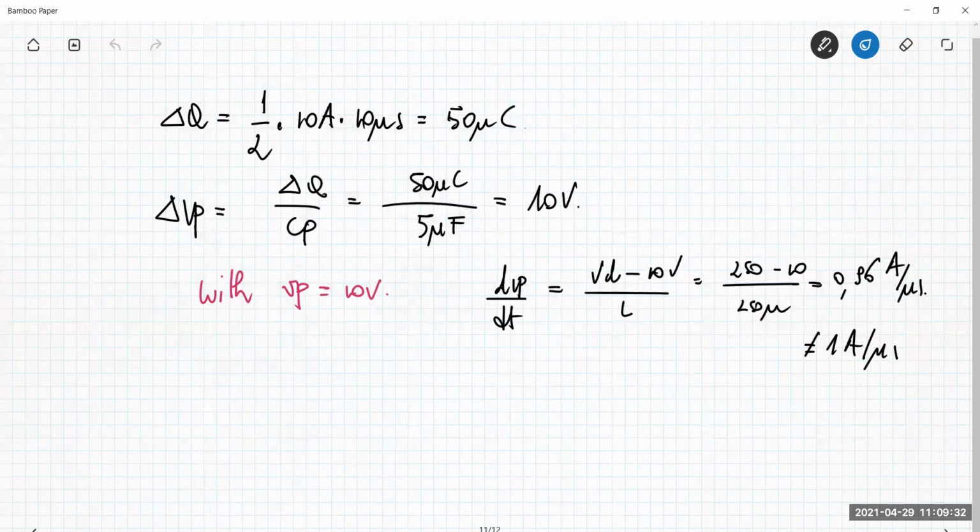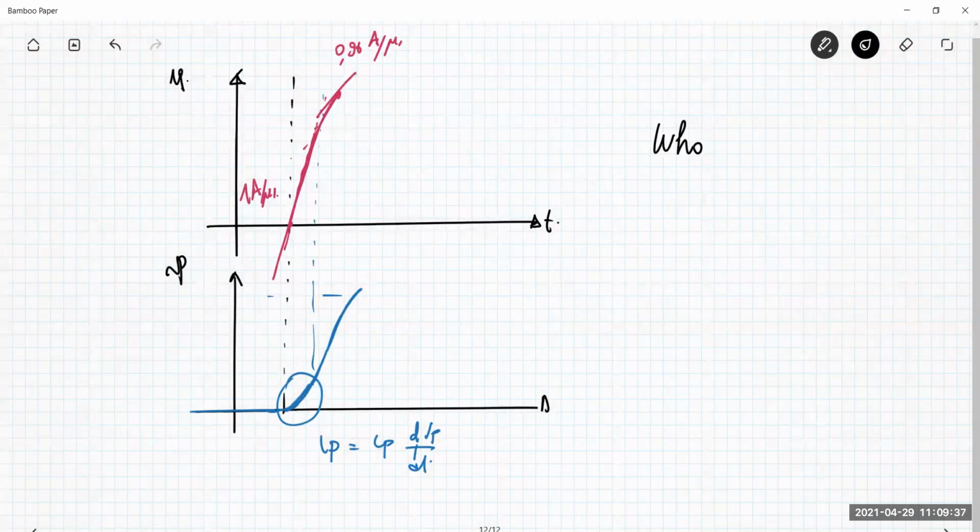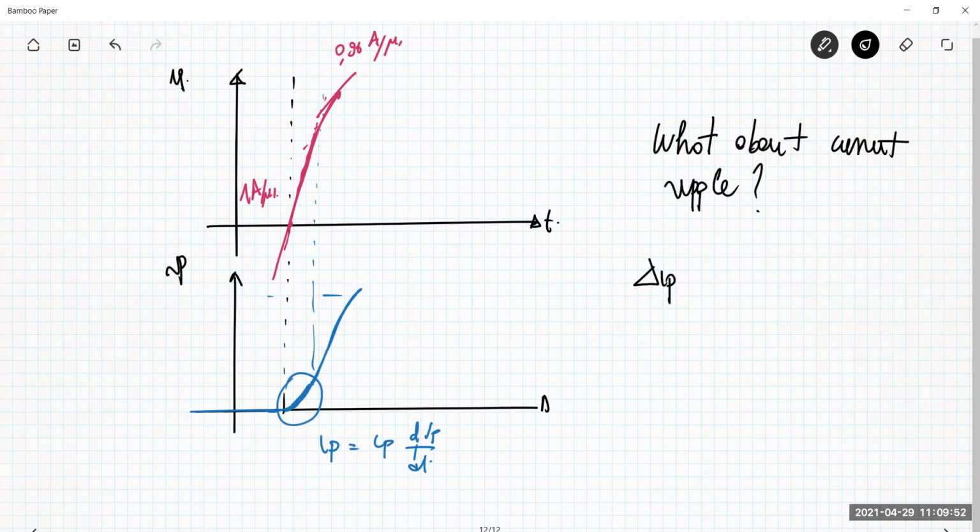Maybe you should remember which is the maximum ripple that you can get for a half bridge. The maximum ripple that I can have for a half bridge is the supply divided by L times the switching frequency, and this happens when the duty cycle is 1/2.